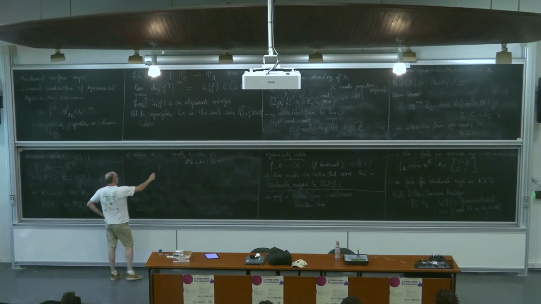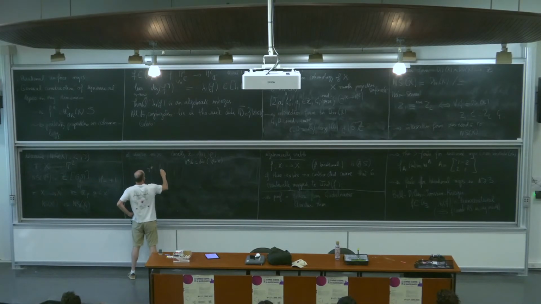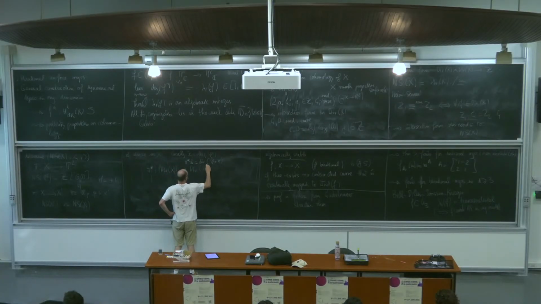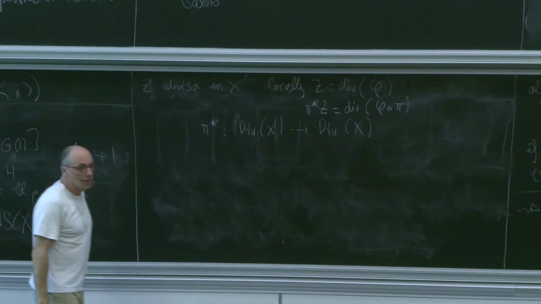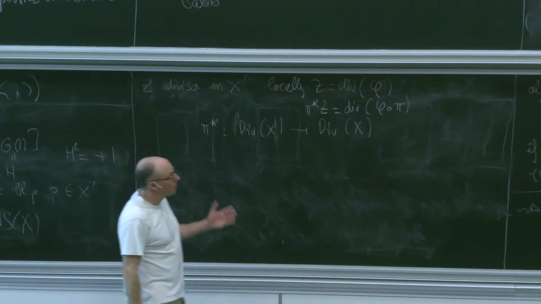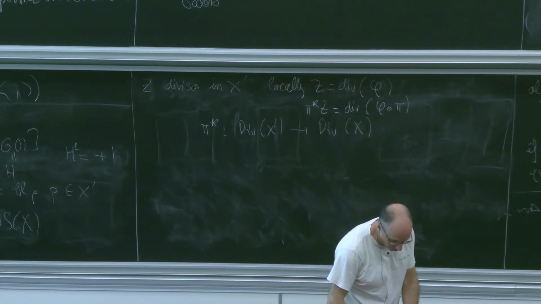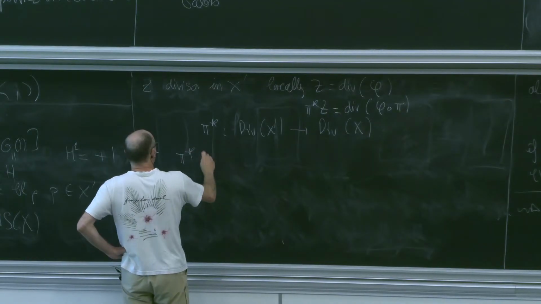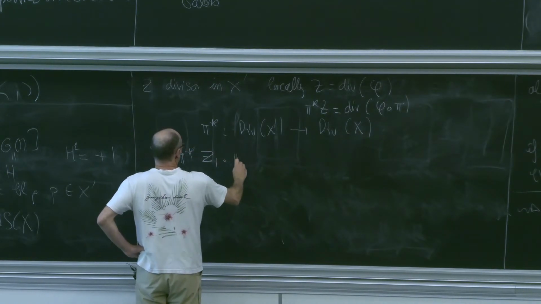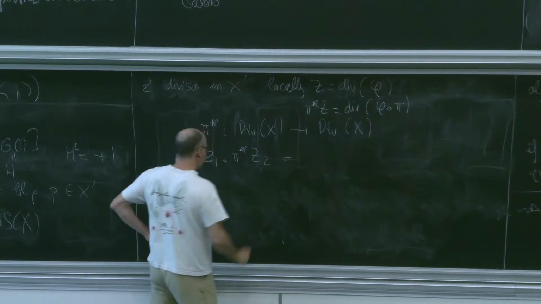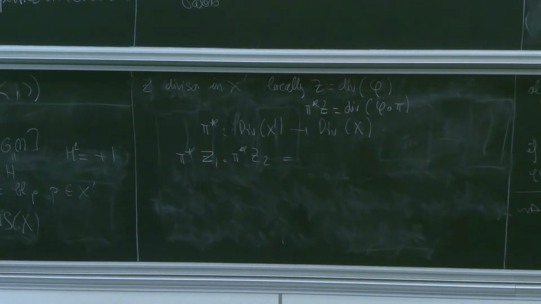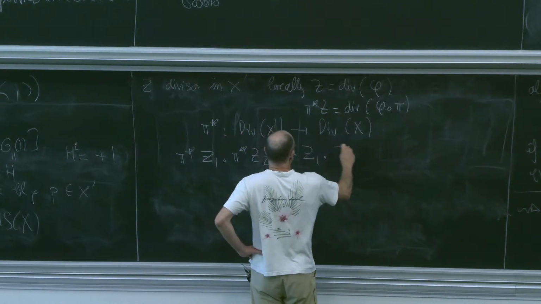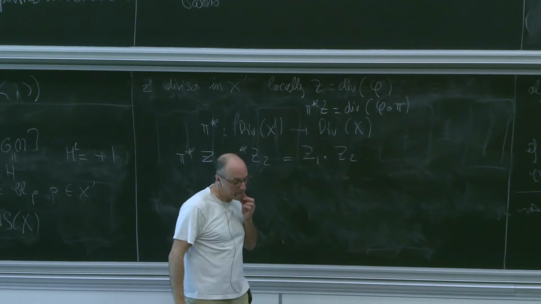So this defines a morphism from the space of divisors of X' to the space of divisors of X. And then there are some basic facts about the intersection of pullbacks of divisors that you need to know, which I won't prove. If you compute the intersection number of the pullbacks of two divisors, then in fact this is the intersection of Z1 with Z2.